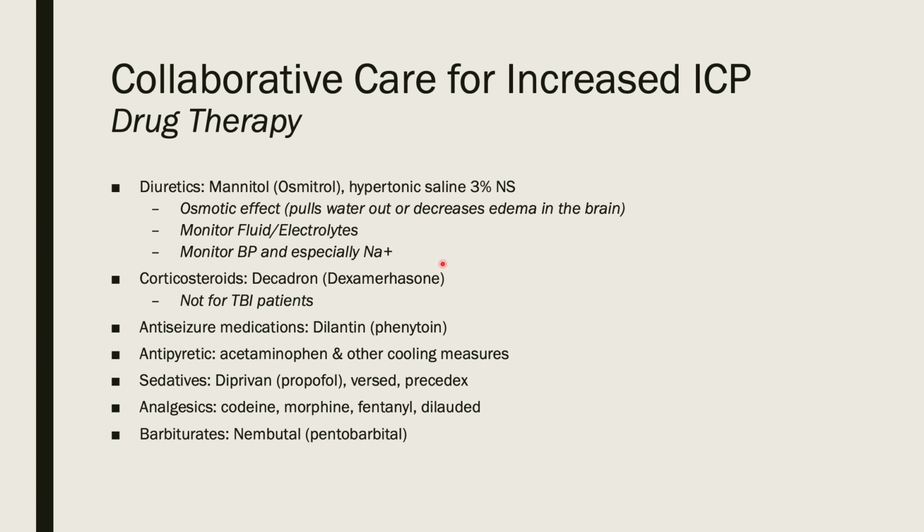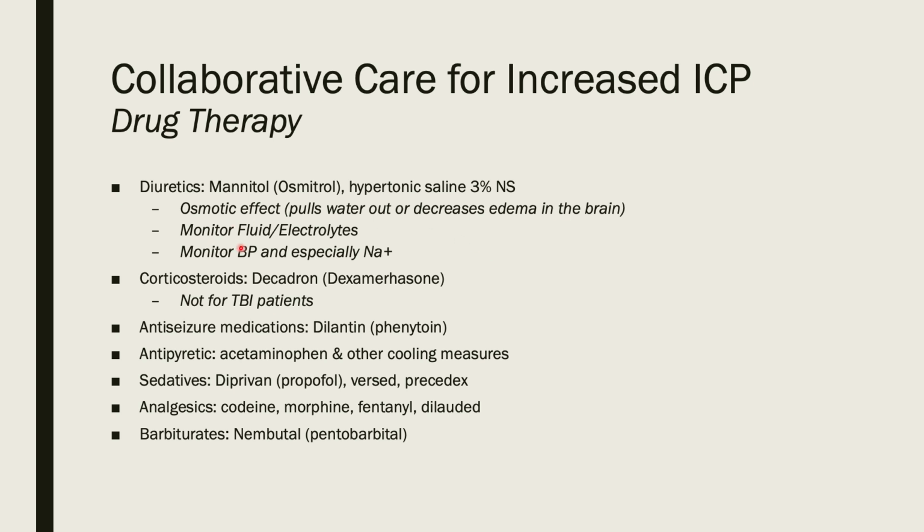Okay? So these have an osmotic effect, so it pulls water out or decreases edema in the brain. So it's pulling all that fluid off of the brain back into the blood. That's what we want. Okay, because just think about how water moves from a low concentration to high concentration.